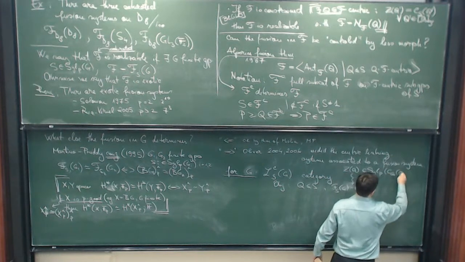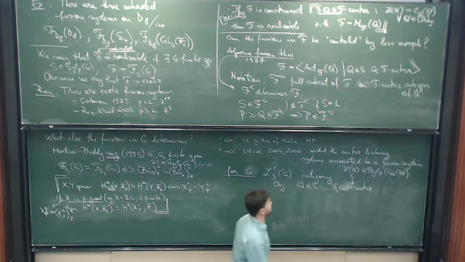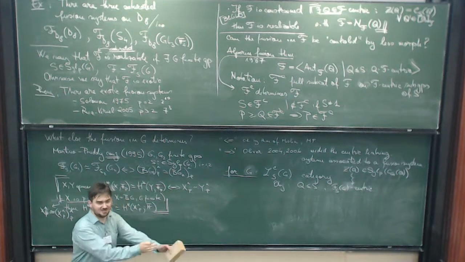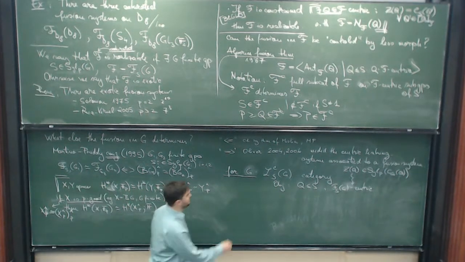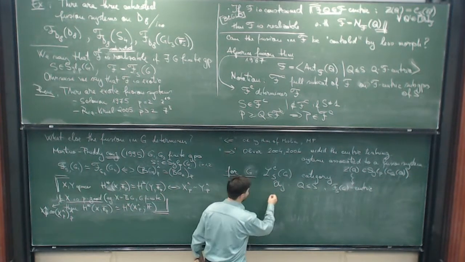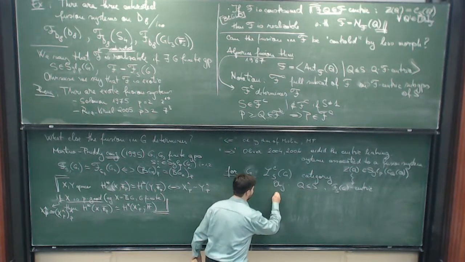Once you have G, explaining things is sometimes more direct, but once you have the fusion system, you see what you have to prove.